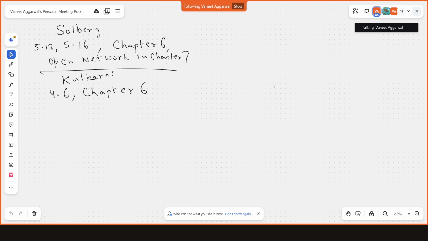Chapter 6 includes the Jackson networks. This book does not have closed queues, so this only has open queues. So 6.6 here we did not cover. We covered M/G/1 but not G/M/1.